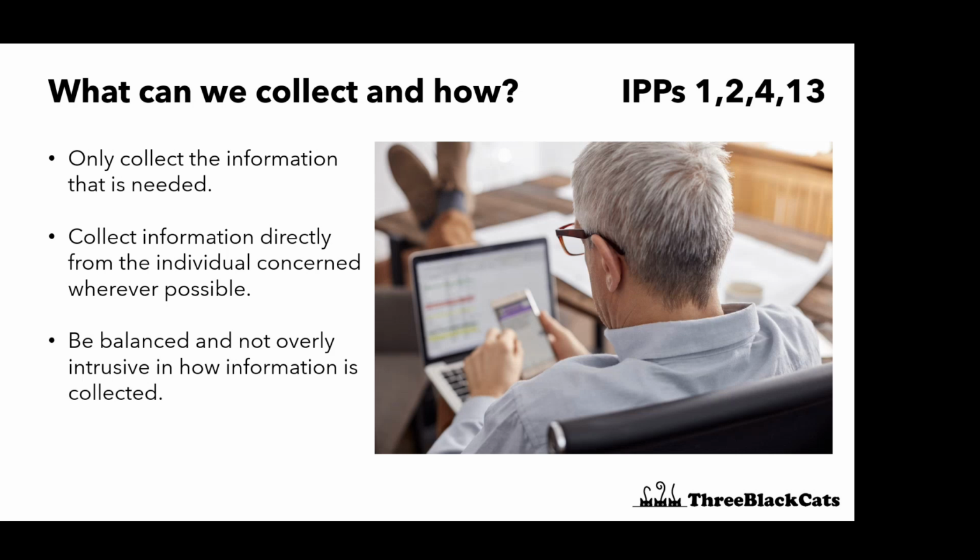And last but not least, Principle 13 says that if we are collecting unique identifiers, so that might be your driver's license number or passport number, then we should only collect them for the purpose for which they were allocated. And we can't use another organisation's unique identifier as our own. So, for example, we can collect someone's driver's license number if we need to know that they have a driver's license.